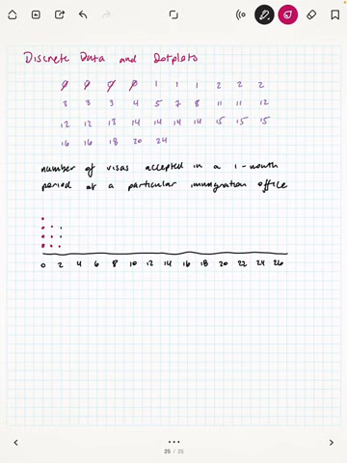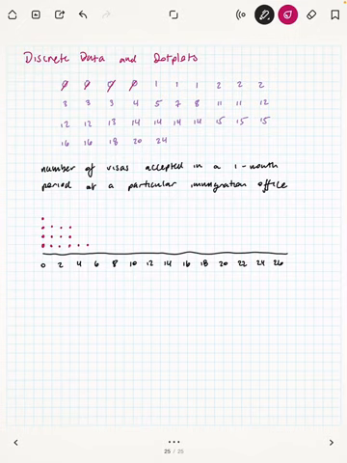Okay, so 1s, 2s, 3s. Try to be consistent with where you place your dots vertically. It's not a hard and fast rule that you have to use a certain vertical scale, but try to do something that makes sense and is proportionate. 4, 5.